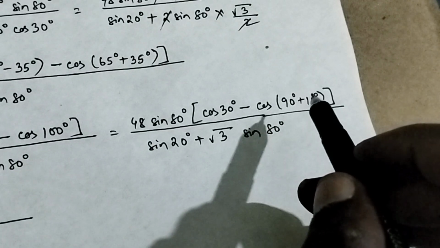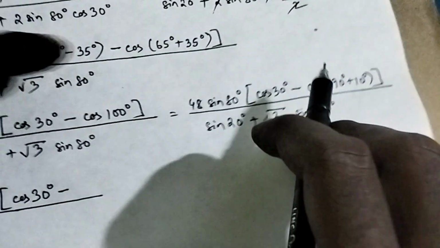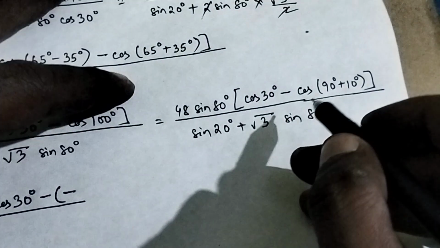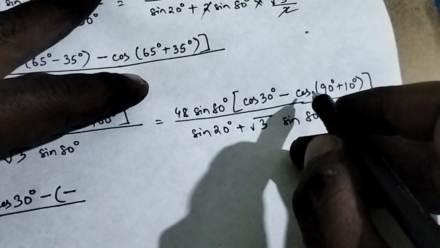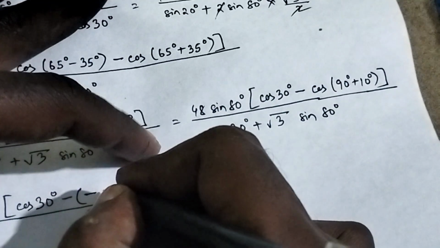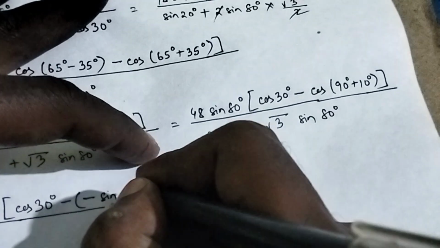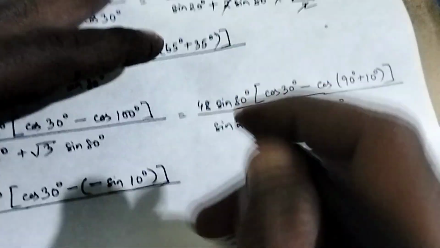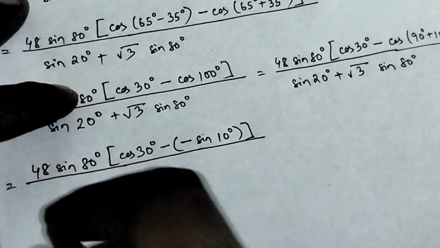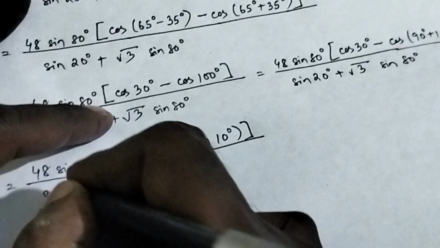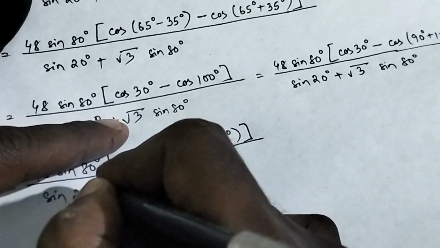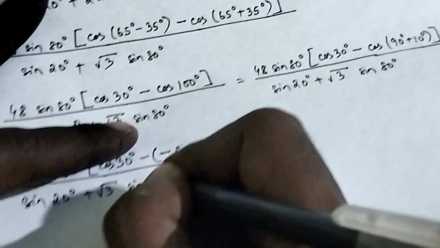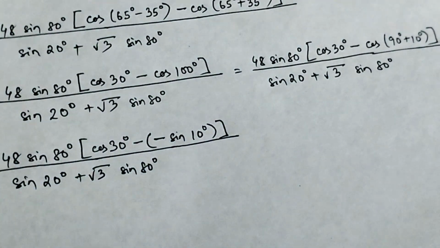In the second quadrant cos is negative, so it will be minus of minus sine 10 degree. And in the denominator we have sine 20 degree plus root 3 sine 80 degree.